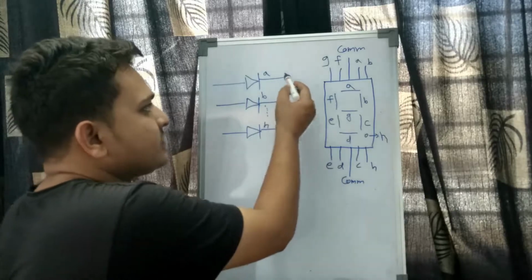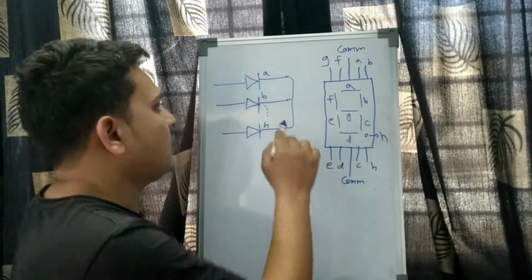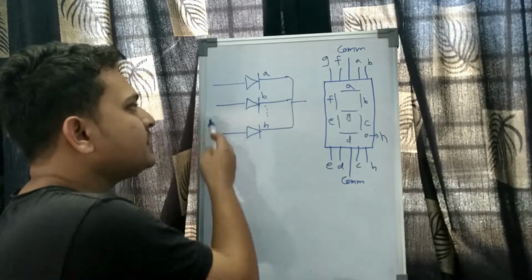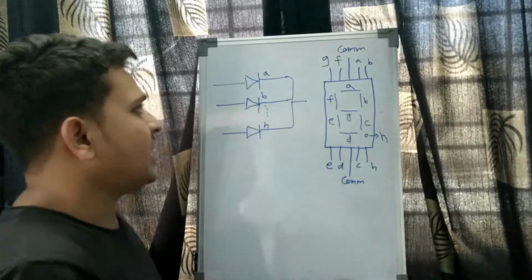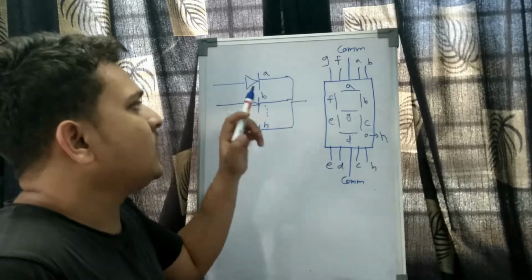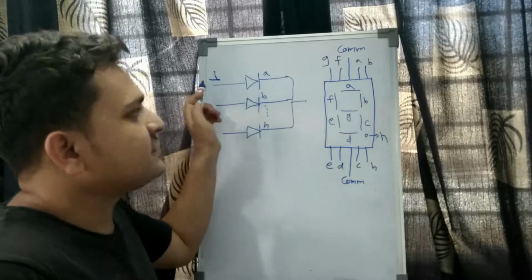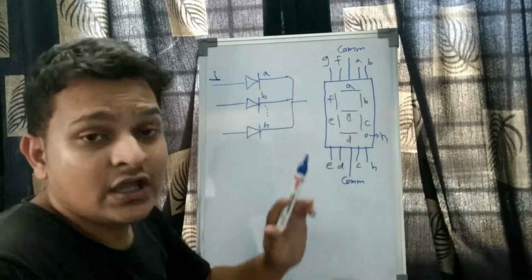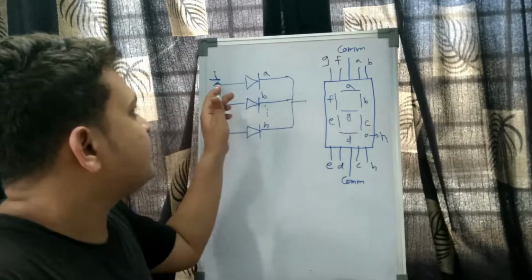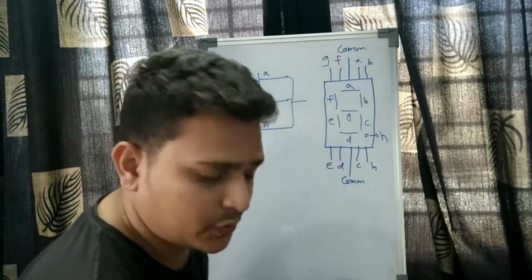Suppose the common cathode is there, then all the cathode pins will be connected together, or if common anode, then all these pins will be connected together. If this is a common cathode and I have to make the LED A glow, then I have to put logic 1 over here. That means I have to give 5 volts over here, so the circuit will get complete and your LED will glow. This is the pin I am talking about.